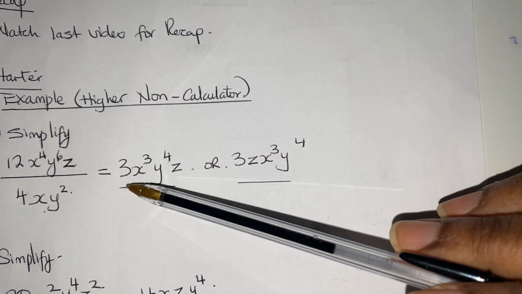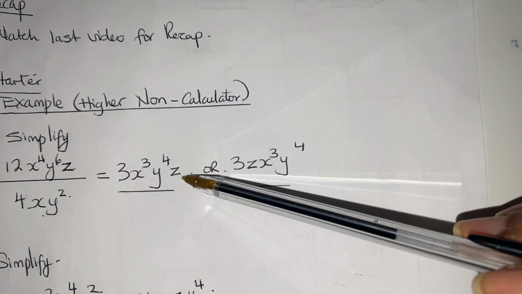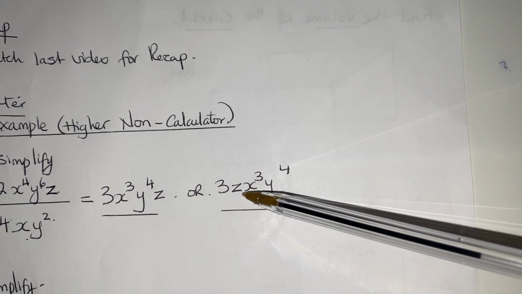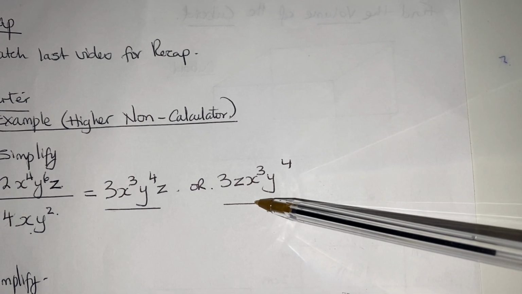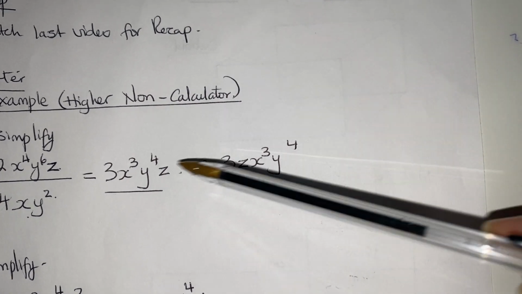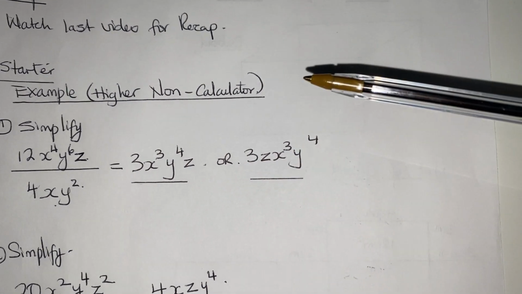So your answer can be 3x cubed y to the power 4 z, or 3z x cubed y to the power 4. Whichever way you arrange it is right.